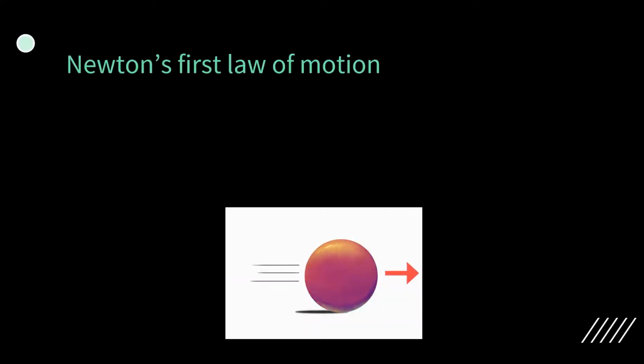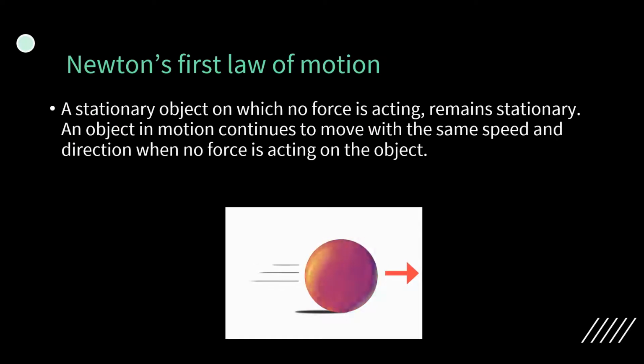Let us come back to Newton's first law of motion. A stationary object on which no force is acting. Remember our experiment with the coin and glass? The stationary object in that case is the coin. The stationary object on which no force is acting remains stationary. Okay. What happens to an object which is in movement? An object in movement continues to move with the same speed and direction when no force is acting on the object.